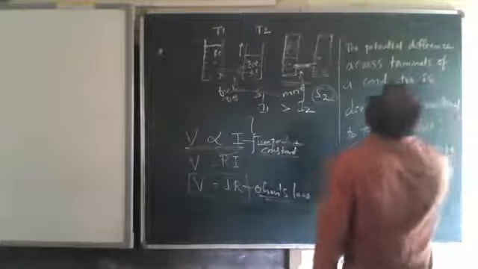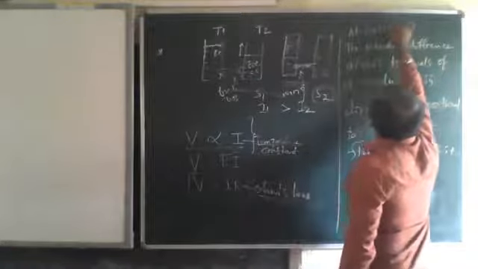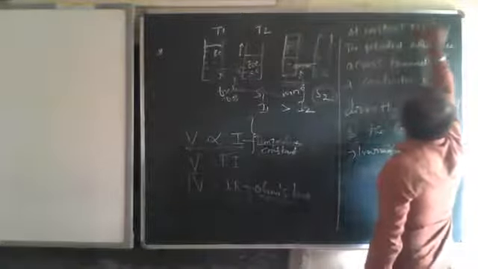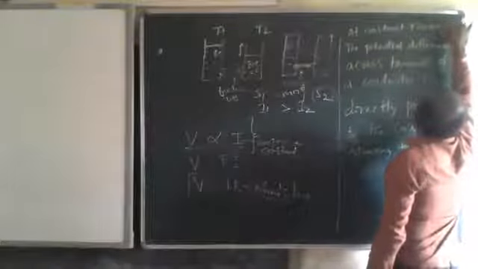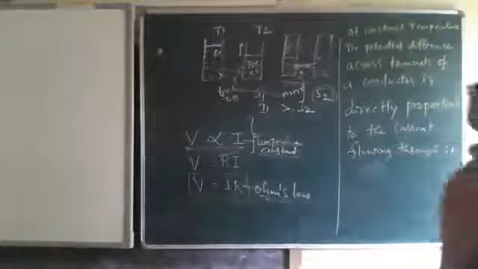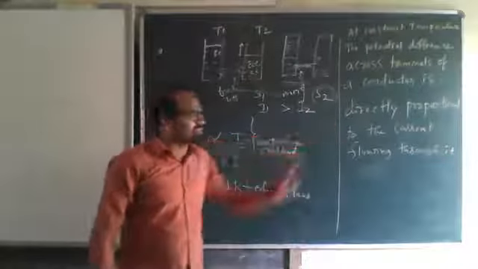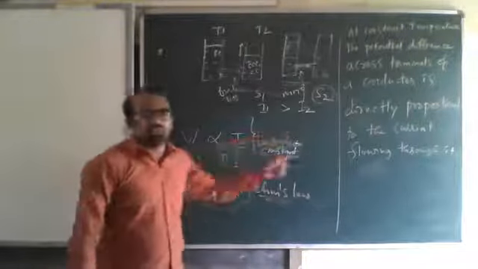Provided temperature remains constant, or you can start with at constant temperature. At constant temperature, the potential difference across terminals of a conductor is directly proportional to the current flowing through it. That means the current flowing through the circuit.